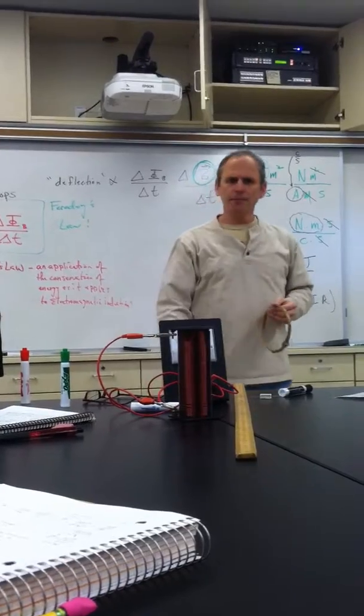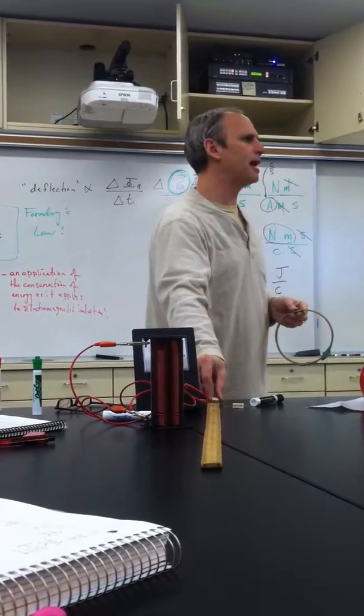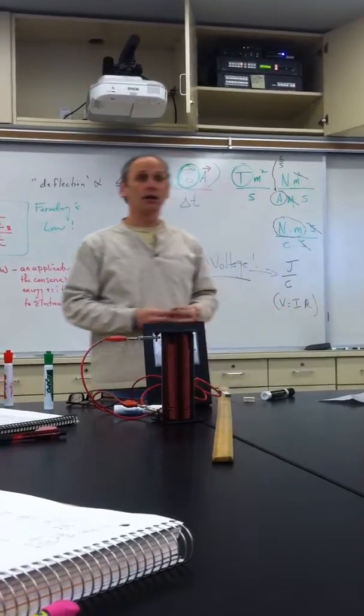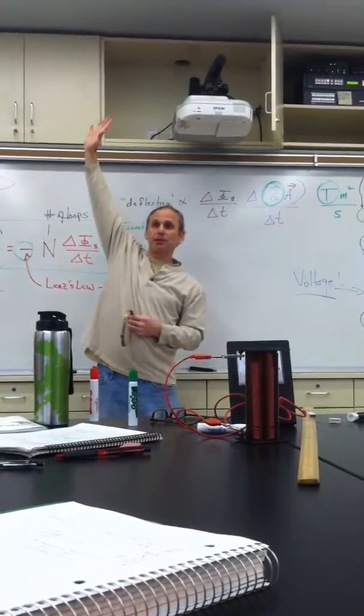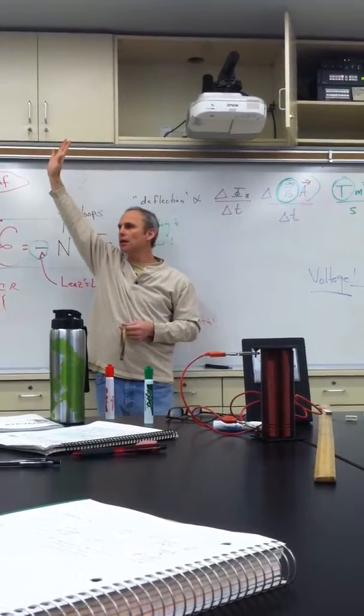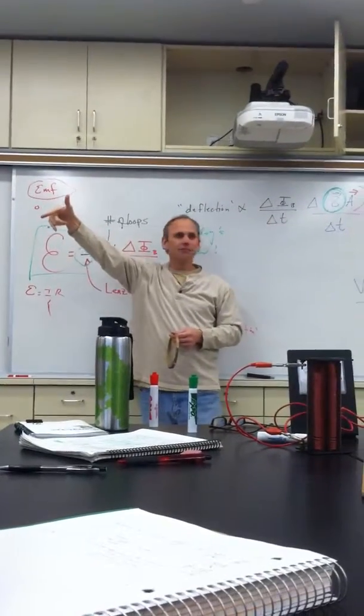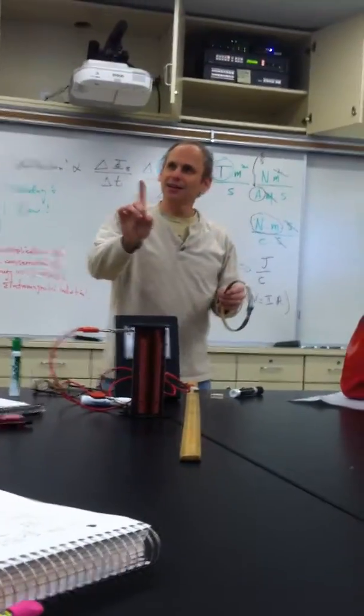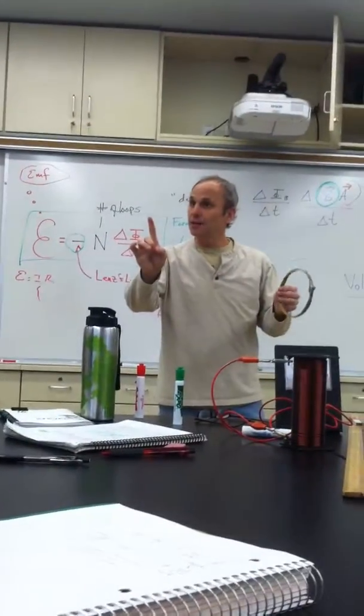Well, what does Ampere's law say about a current-bearing wire? What does Ampere's law tell us accompanies any current-bearing wire? It produces a magnetic field of its own, doesn't it? So watch this. Think about this.